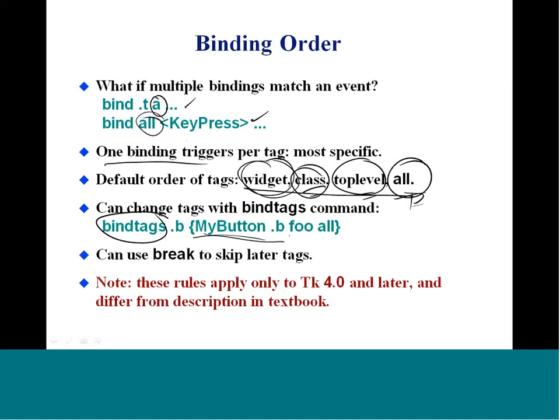So here like my button, when we say it's dot b foo and then all. And then we can use break to skip the later tags. Again, one thing is that the rules apply only to TK 4.0 and later. So that's another thing that you may want to keep in mind.